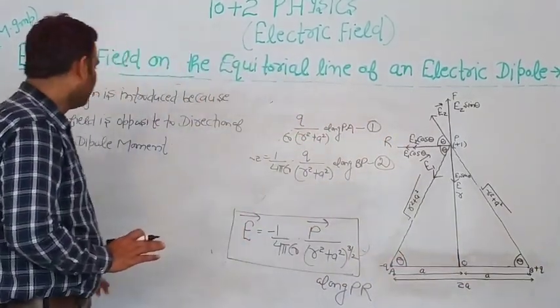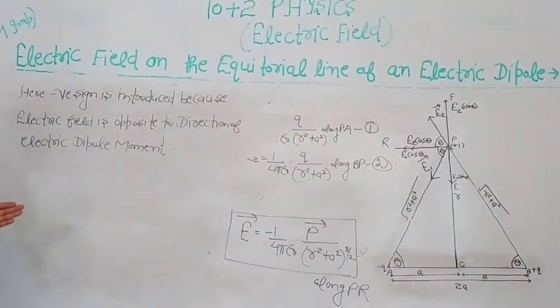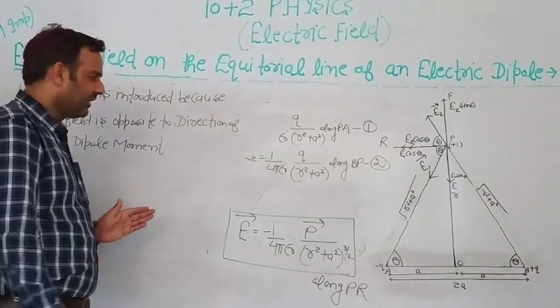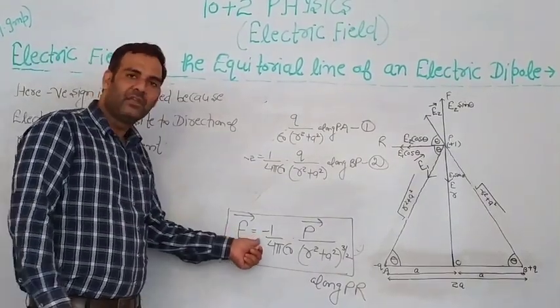So it is opposite to the direction of the electric dipole moment vector. That's why the negative sign is introduced here.